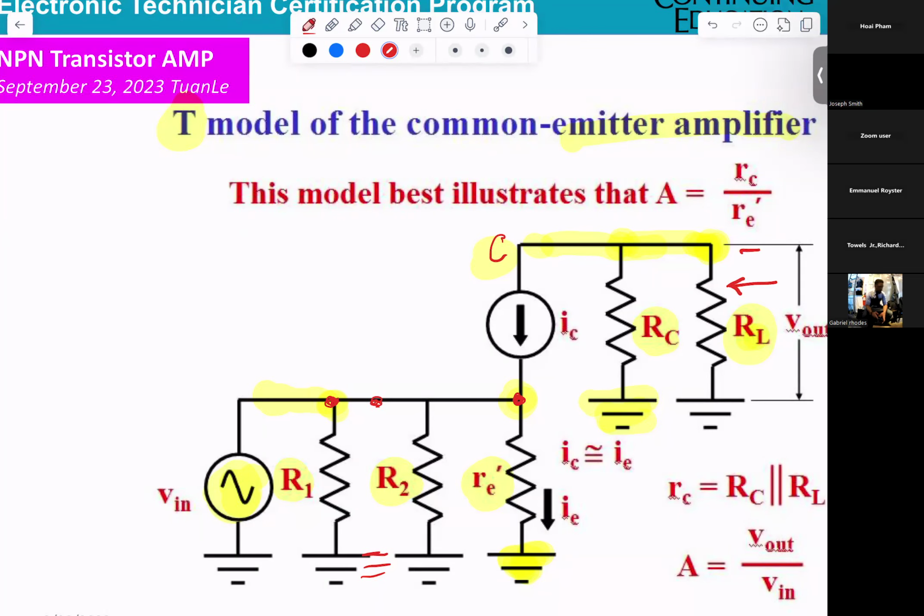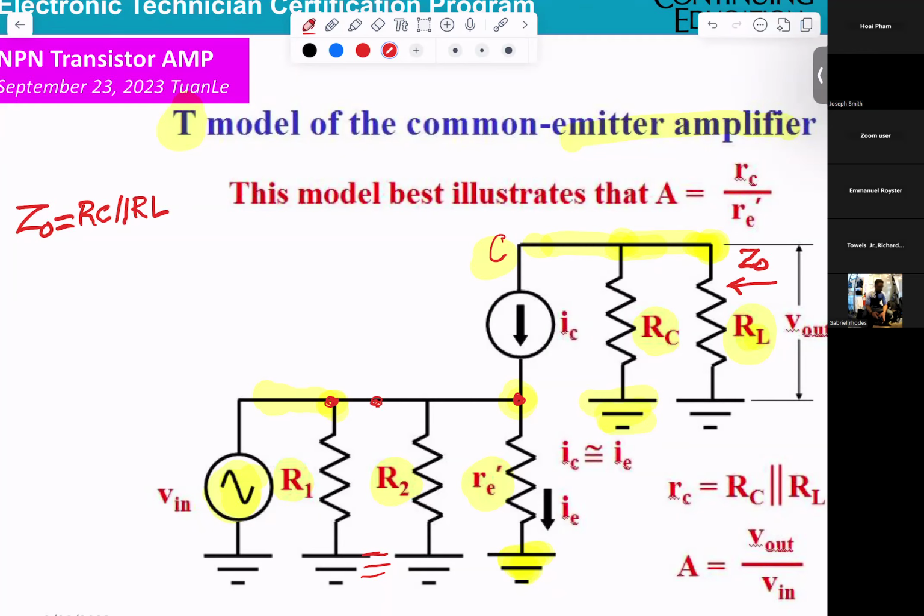We call it Z out. Z out means output impedance. It will be equal to RC parallel RL.